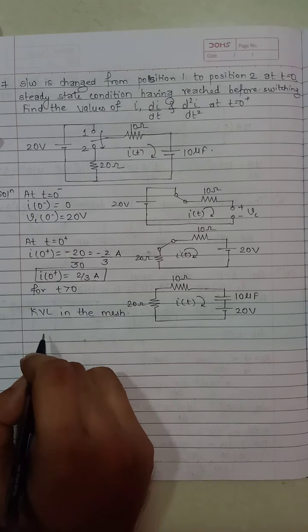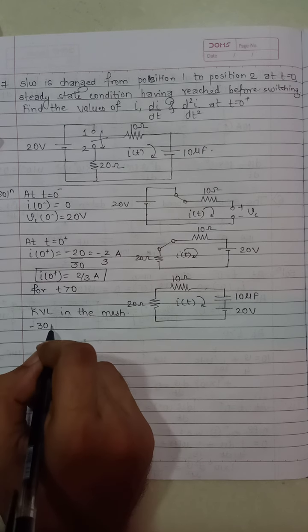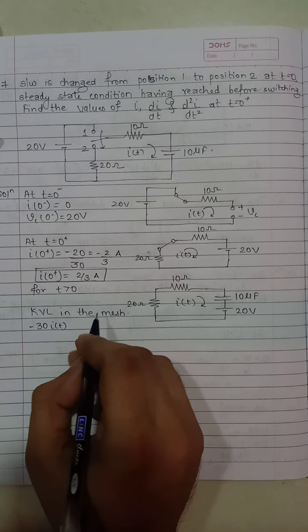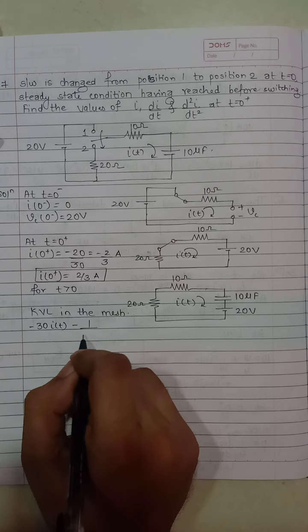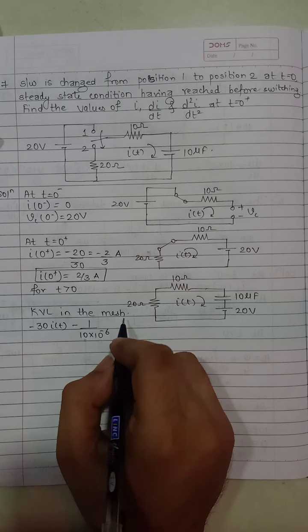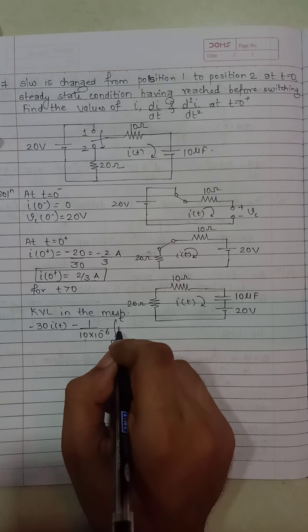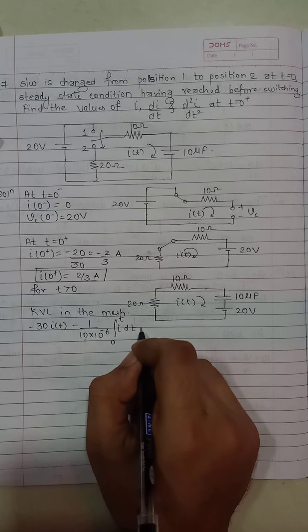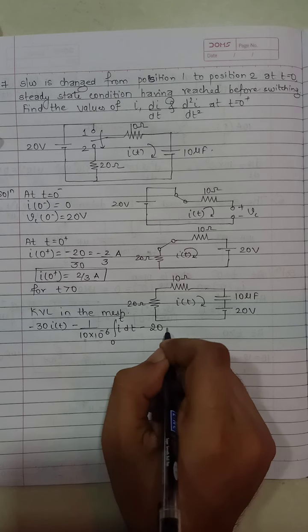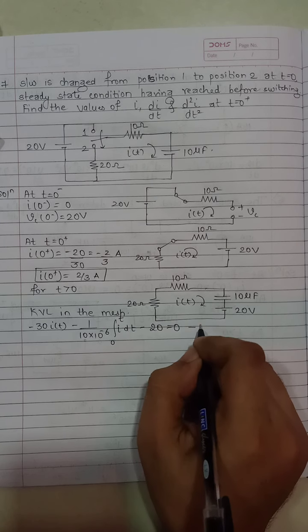So it will give me minus 30 into i of t minus 1 upon 10 into 10 raised to minus 6 integral 0 to t i dt minus 20 is equal to 0. So this is equation 1.